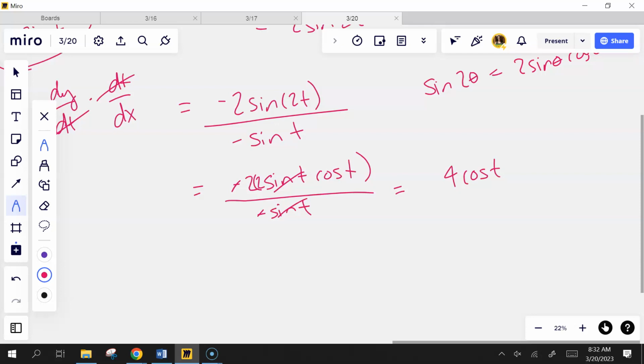Oh, because I'm going with respect to x, that's right. So the second derivative with respect to x, negative 4 sine t.